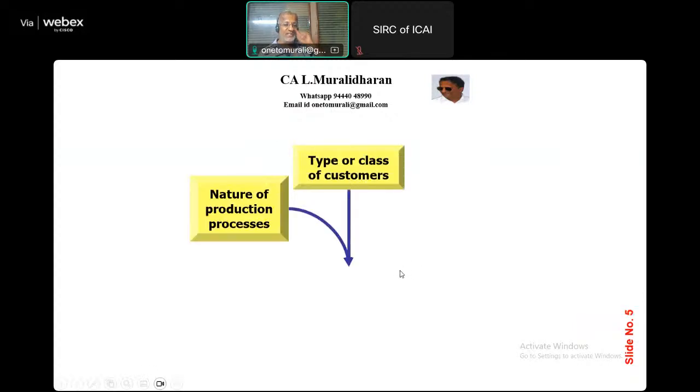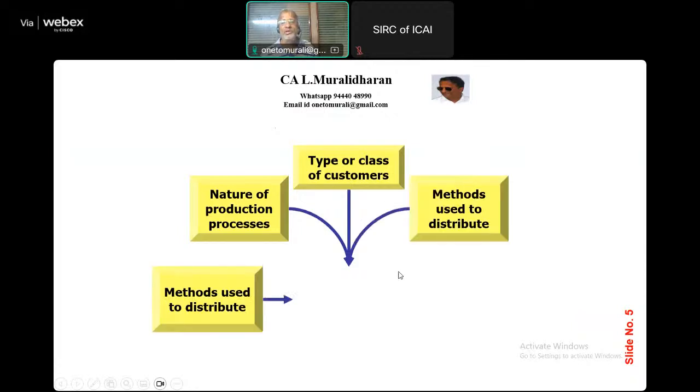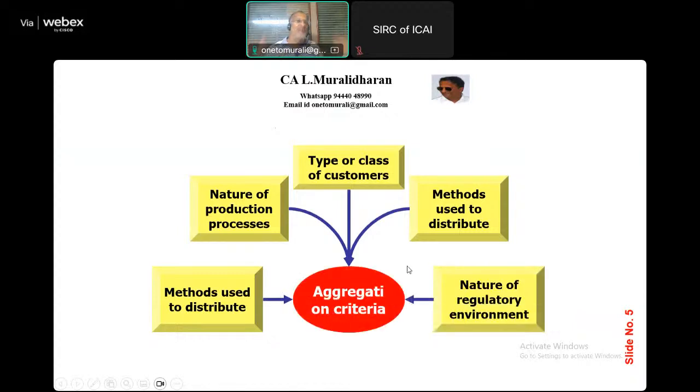Types or class of customers, nature of production process, method used to distribute, then nature of regulatory environment. So on a variety of bases you can aggregate. On what basis do you aggregate? Nature of production process, type or class of customers, methods used to distribute.